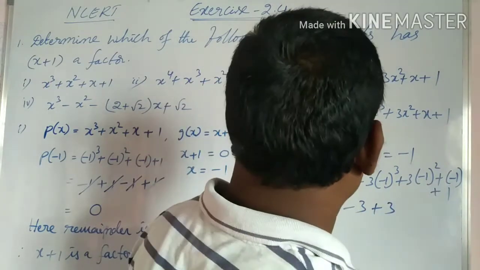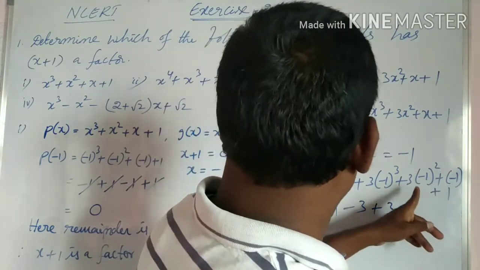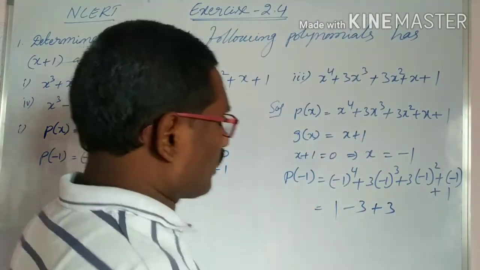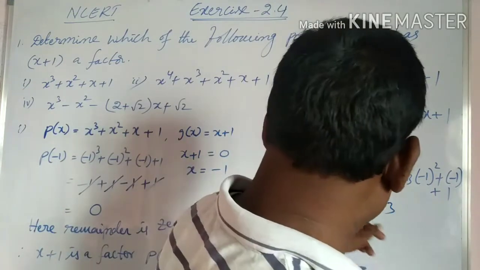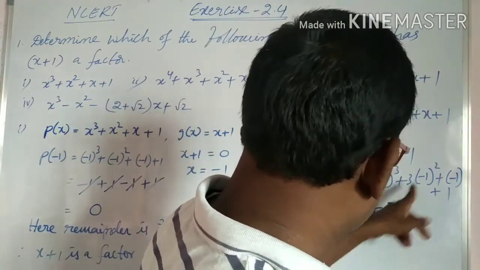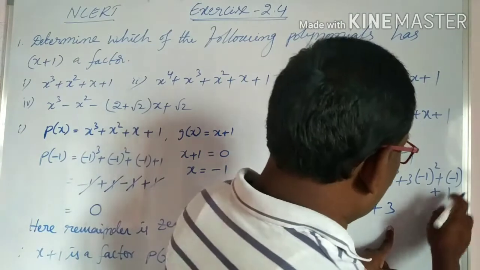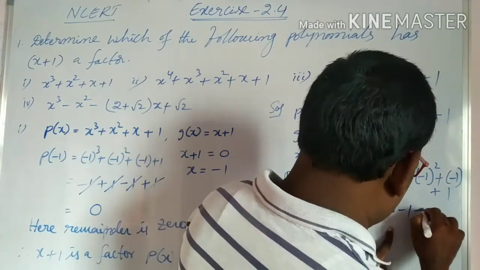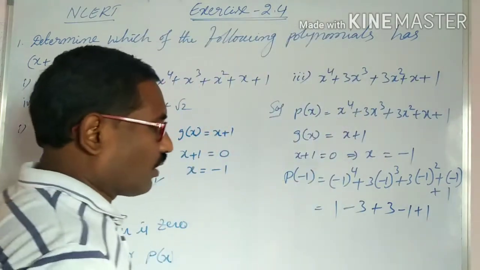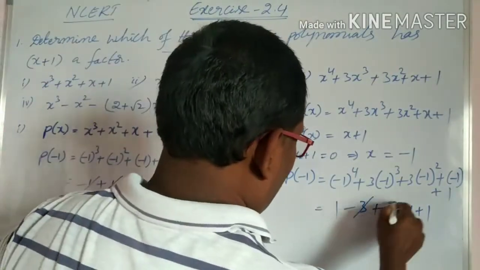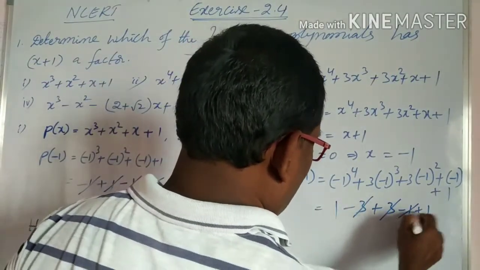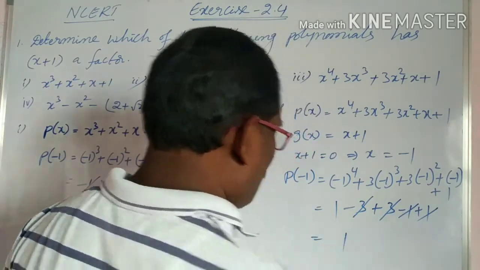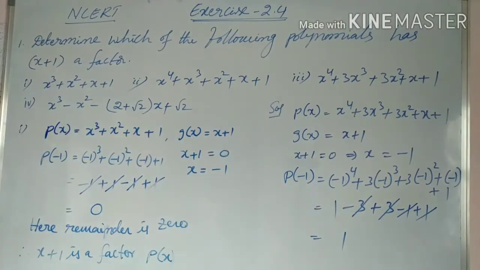Then minus 1 plus 1. Now see, plus 3 minus 3 cancel, minus 1 plus 1 cancel. What is the remainder here? Remainder 1.